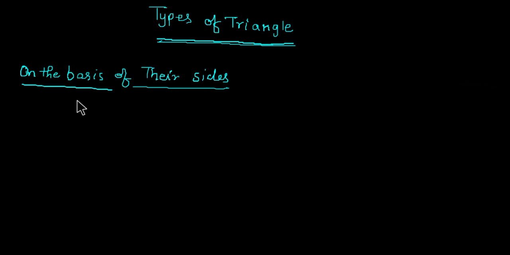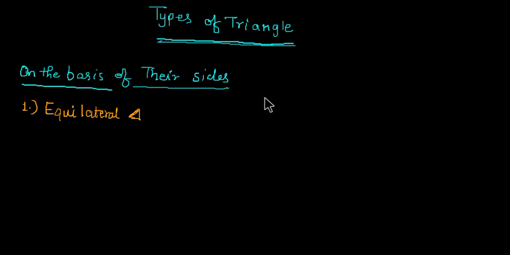So the first one is equilateral triangle. What is an equilateral triangle? A triangle whose all the sides are equal is known as an equilateral triangle.